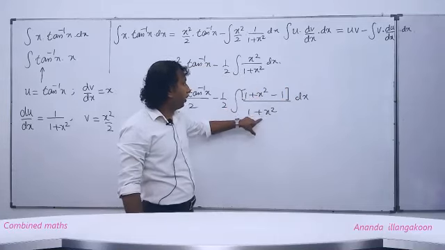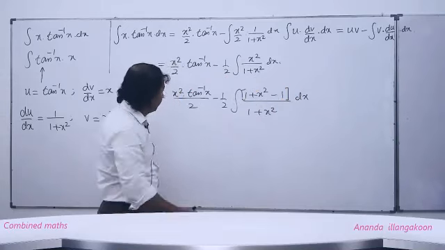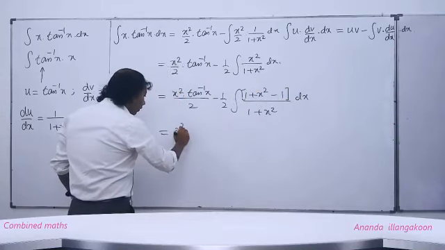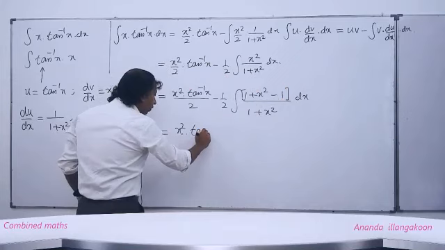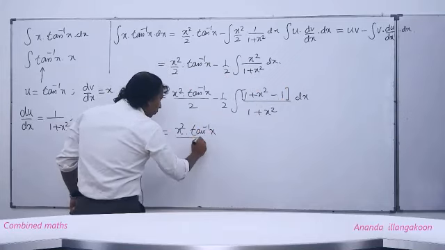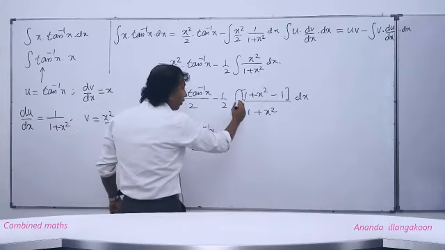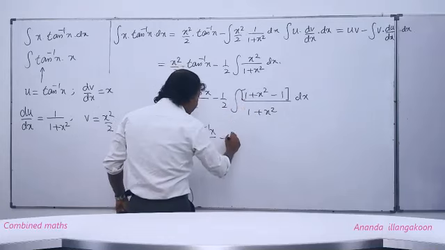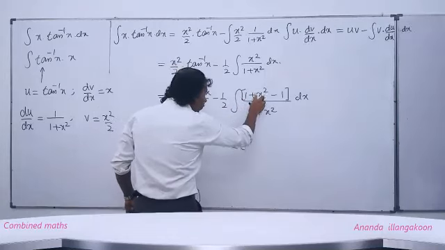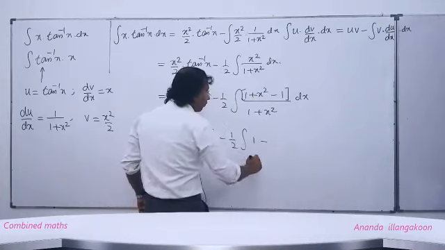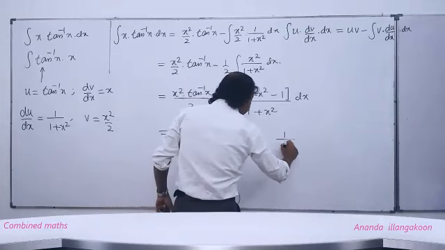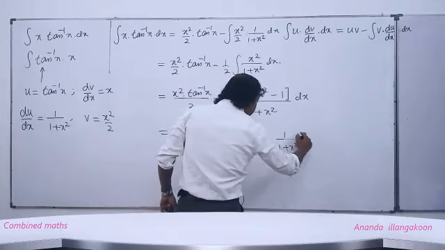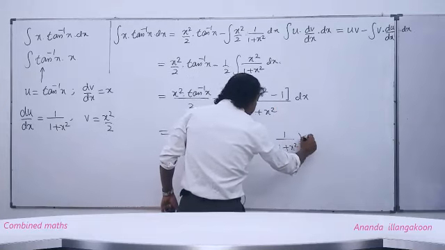X squared plus 1 divided by this is 1. Now x squared times tan inverse x by 2. People, now we divide this by this. This by this we get 1 minus this by this. This way.